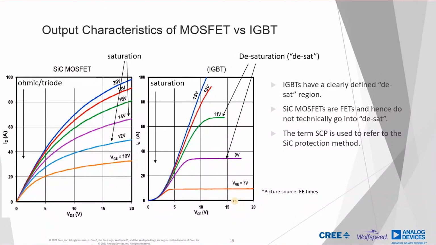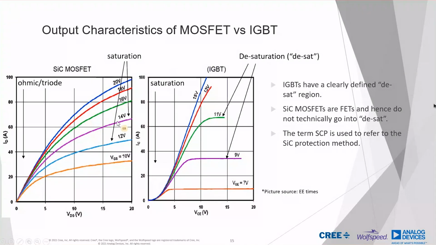From a short circuit protection standpoint, we call this the desaturation region, which you can easily detect. The active region's current limiting characteristic also helps with limiting fault current prior to the protection circuit detecting, because you're going to clamp at some fault level.